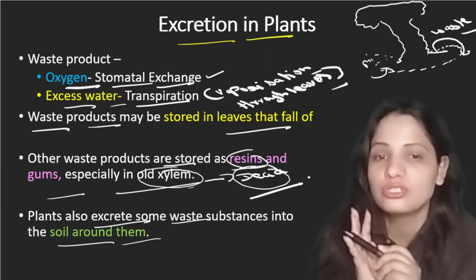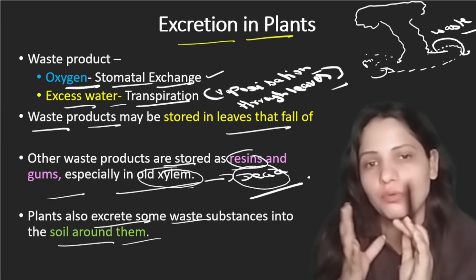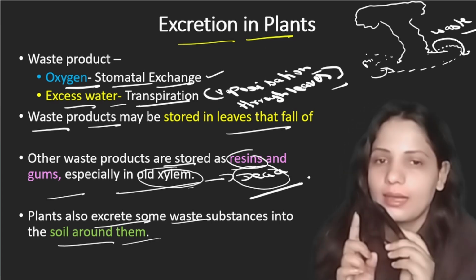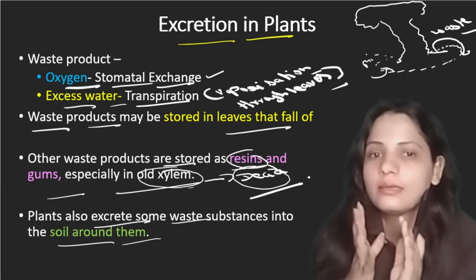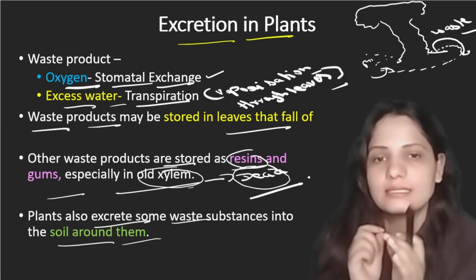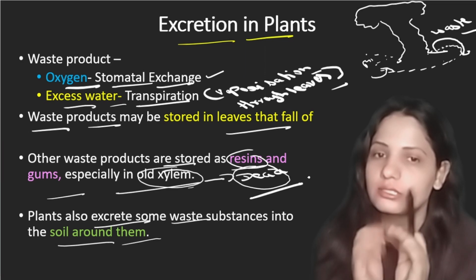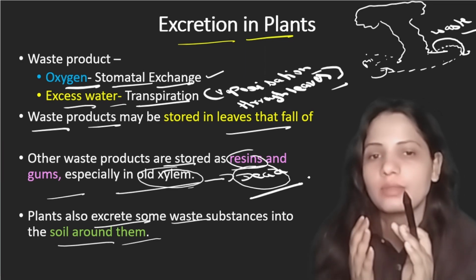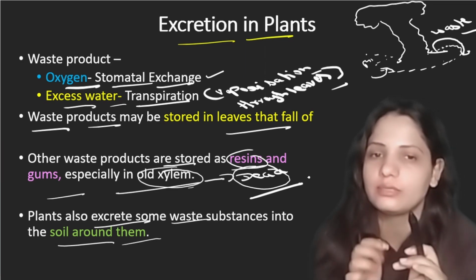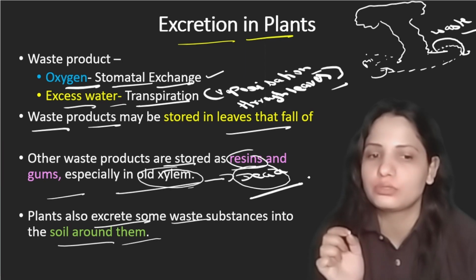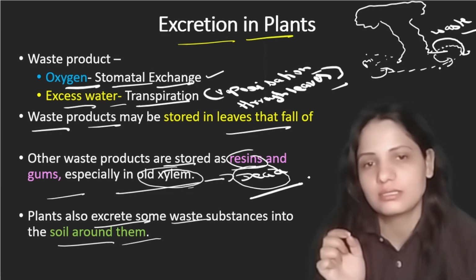Then resins and gums are stored in the xylem part of the plant. After that, certain waste products are excreted into the soil, as the plant's roots are in direct contact with soil.